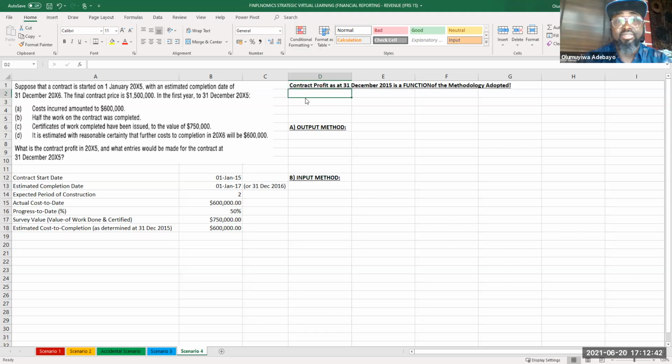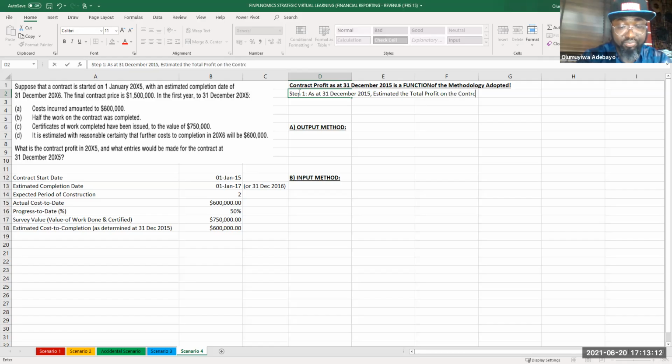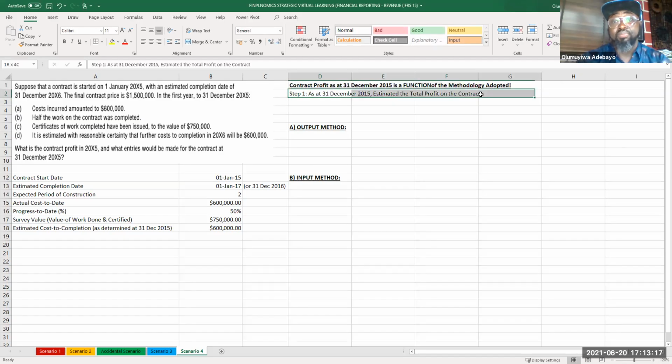Now, but before then, step one is to, as at 31st December 2015, estimate the total profit on the contract. How do you do that?